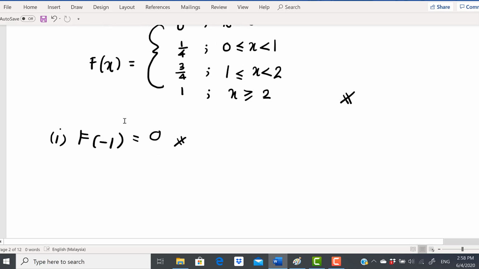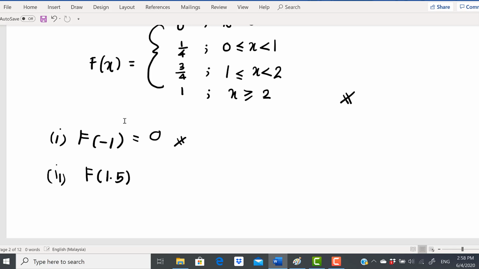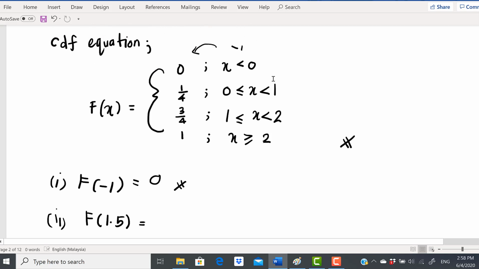Now, let's say the question asks, what is the CDF when x is equal to 1.5? Now we look at this range. This one, x less than 0? No. This one, 0 to 1?